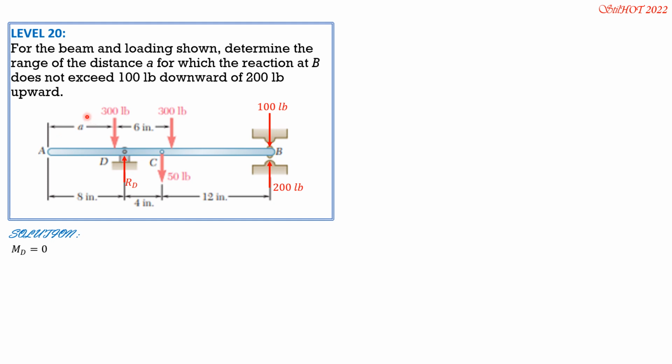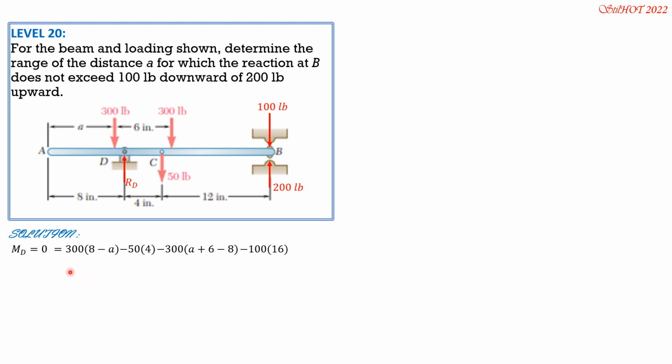So since we consider minimum A, considering counterclockwise positive, 0 equals 300 times, this distance is 8 minus A, then minus 50 times 4, minus 300 times, this distance is A plus 6 minus 8, 300 times quantity A plus 6 minus 8, or A minus 2, then minus 100 times 16.